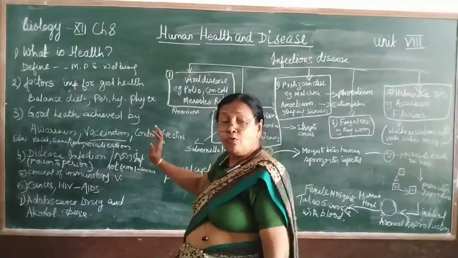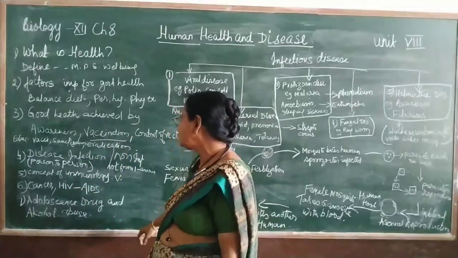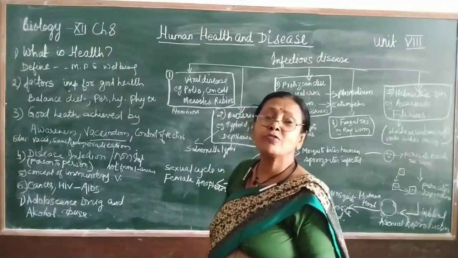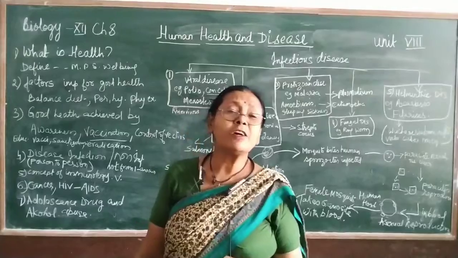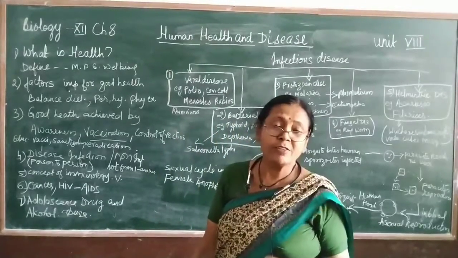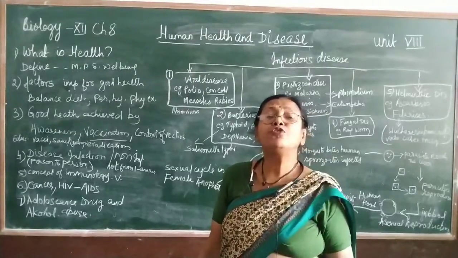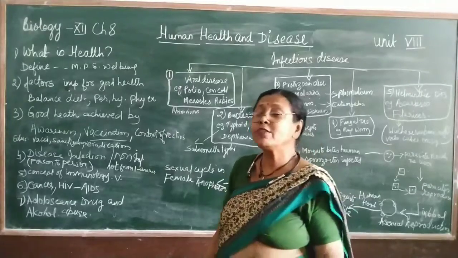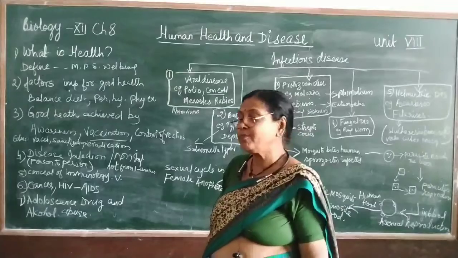Now, how many diseases come under vaccination? There are several diseases: measles, chickenpox, malaria. Now you see, we are facing a very dreaded disease called coronavirus. And doctors are working day and night to find the vaccine that will be used for people to get rid of this disease.